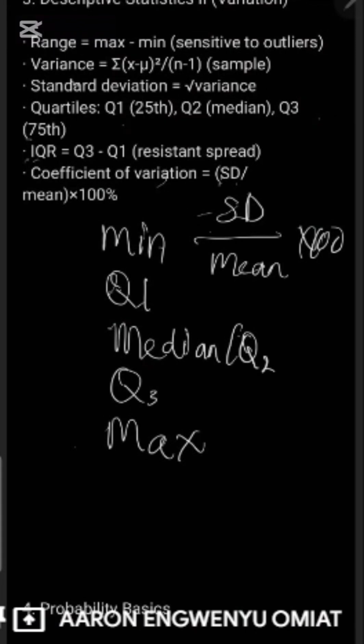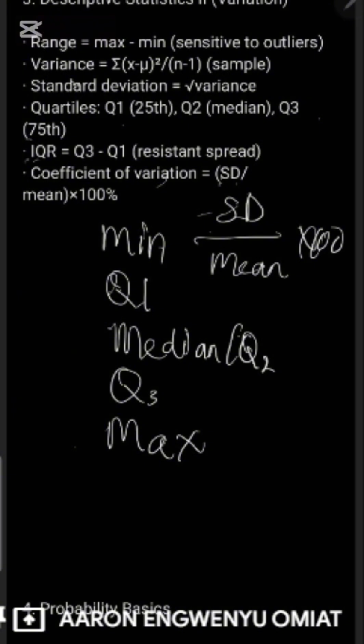Let us say we want to compare the variations of voter turnout between Central and Eastern Uganda. We look at the mean, we realize that the means are different and the SDs are also different. So if we want an accurate way to compare their variations, we look at the coefficient of variation, whereby we calculate the SD and divide by the mean for Eastern and for Central.